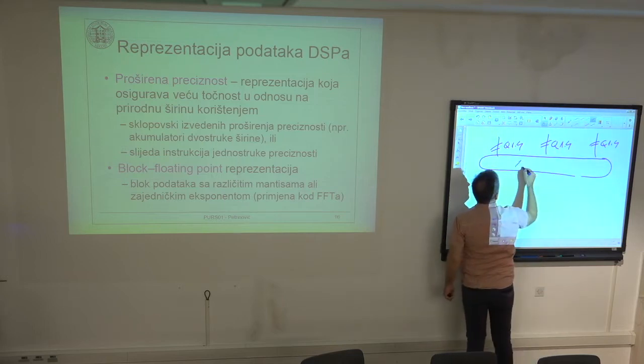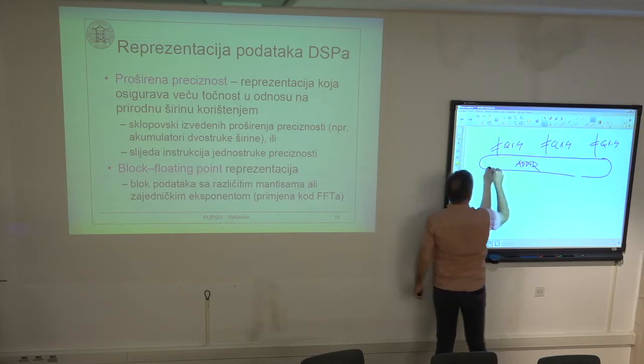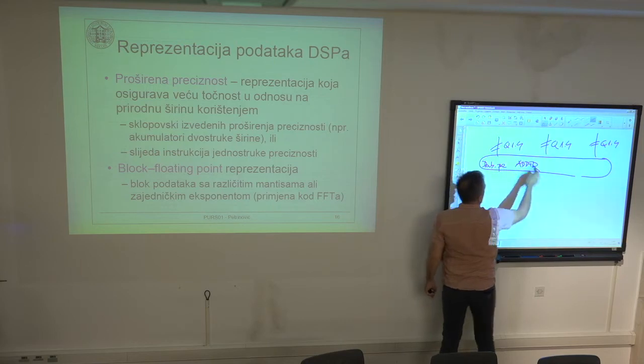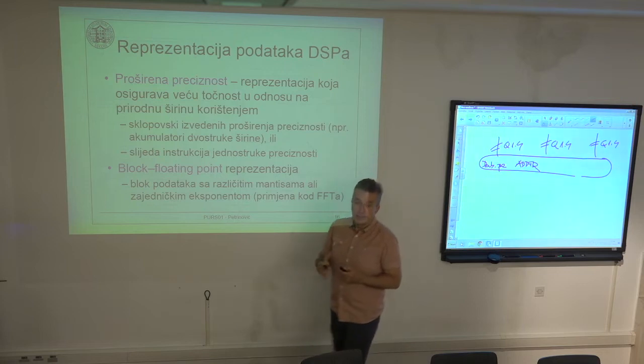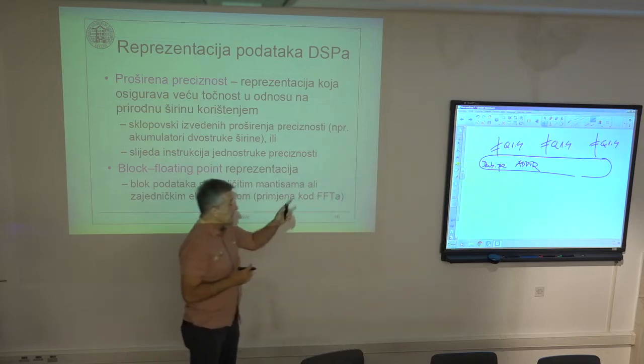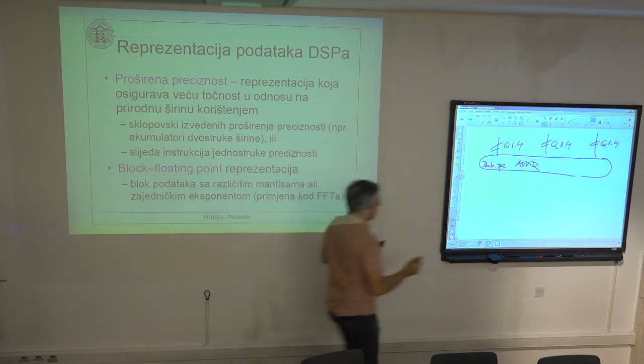So this is a double precision adder. In this case, it would be like a 6-bit adder, capable of computing sums of such double-width products.